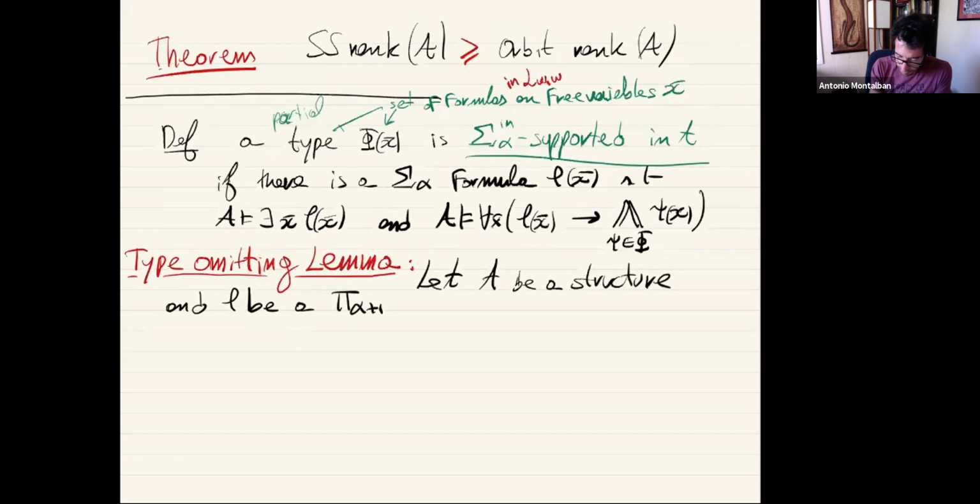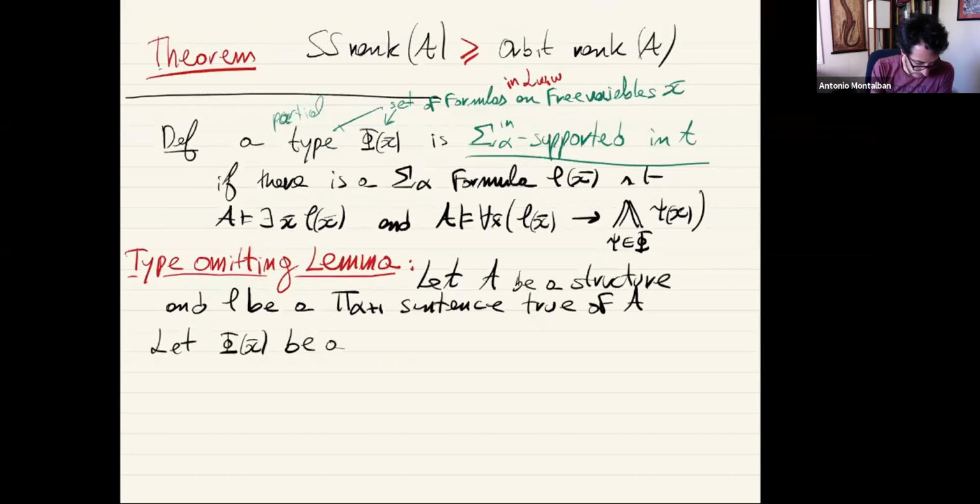So an infinitary pi alpha plus 1 sentence true of A. So let phi of x be a partial type of pi alpha formulas.